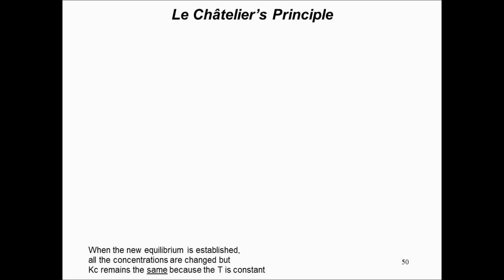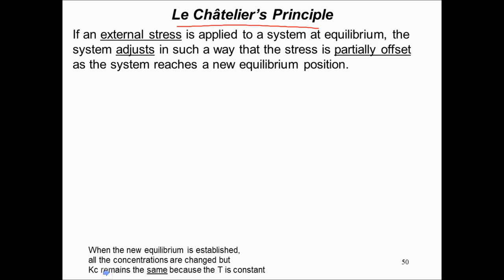Let's continue our discussion of chapter 15 on slide 50 with Le Chatelier's principle. And what we know about Le Chatelier's principle can all be summarized in a quick diagram here. And what it says is, here's your system at equilibrium.